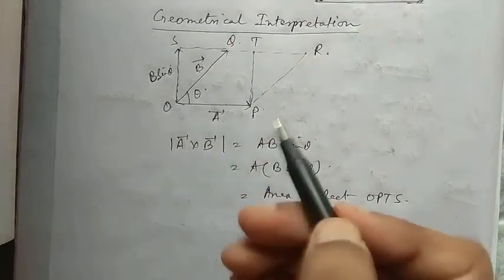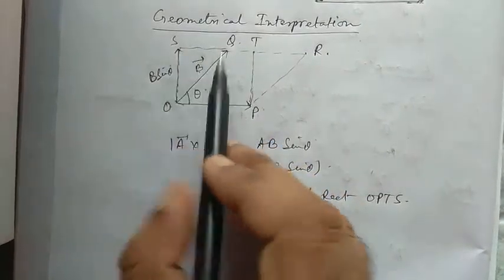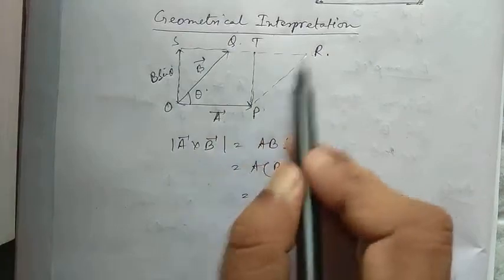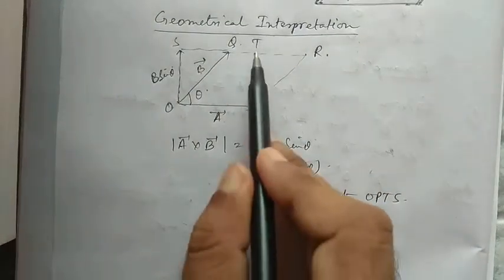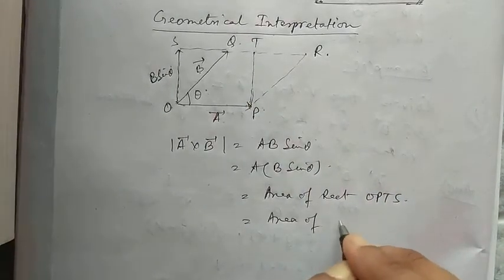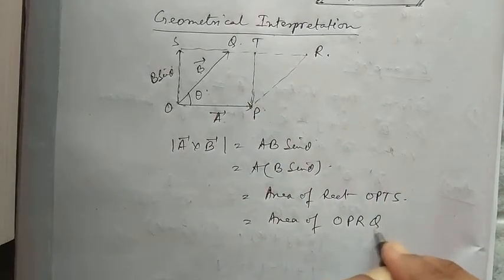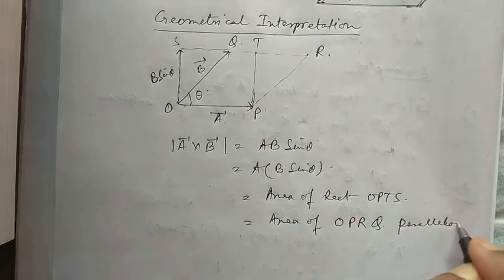Now from geometry we know that the area of this rectangle and the area of this parallelogram are the same, because they have the same base and the perpendicular distance is also the same. So area of OPRQ parallelogram, this is also the same parallelogram.